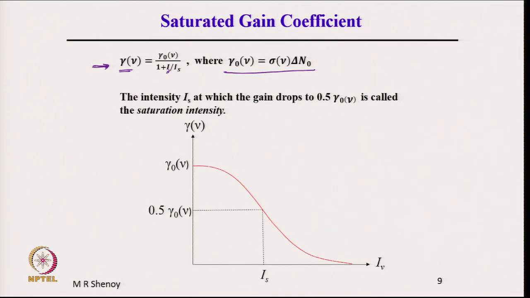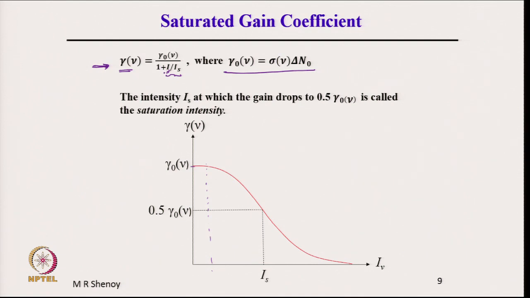So, gamma as a function of I nu: for small values of I nu, this term is negligible and gamma of nu is equal to gamma 0. So, for small values, you can see up to about this, the gain coefficient is almost constant, but as the intensity increases, the second term in the denominator starts becoming significant, and therefore the gain coefficient starts decreasing.